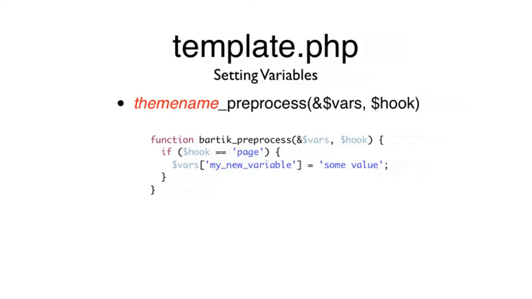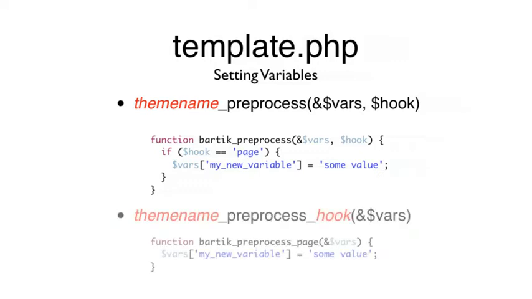To save on resources, you can do a switch and check and say, okay, well, if it's actually a page, let's go ahead and call that function. You can be even more specific. There is theme name underscore preprocess underscore hook, where that hook would be replaced with something like page or node. So anytime a page is loaded, your Bartik underscore preprocess underscore page will get called.